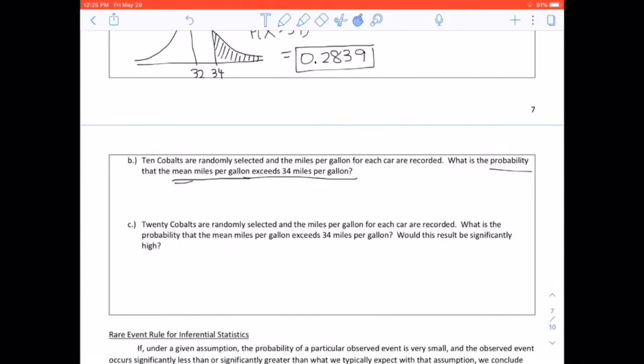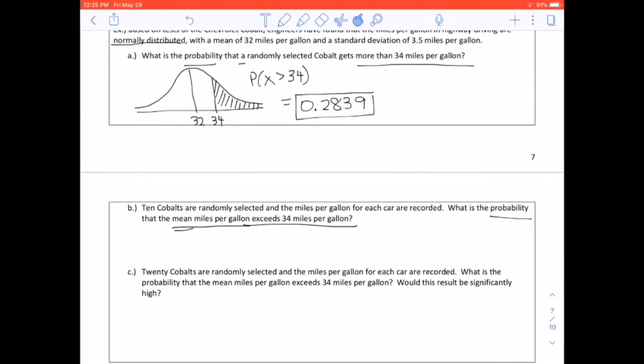Take a second and look at the difference between part A and part B. First, part A is only asking about one randomly selected car, whereas part B says 10, so we're sampling 10. The other difference is that part A asks about the probability that a randomly selected Cobalt gets more than 34 miles per gallon, whereas B is asking about the mean miles per gallon. So we are sampling that mean, or our X bar.